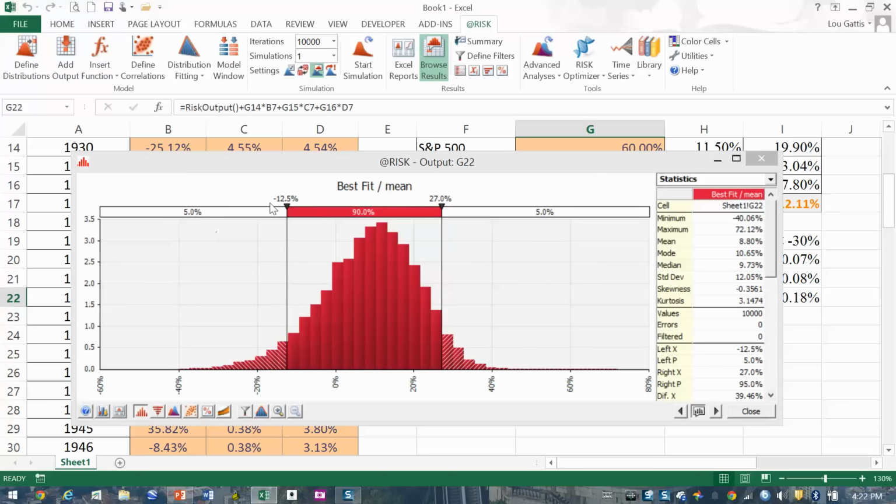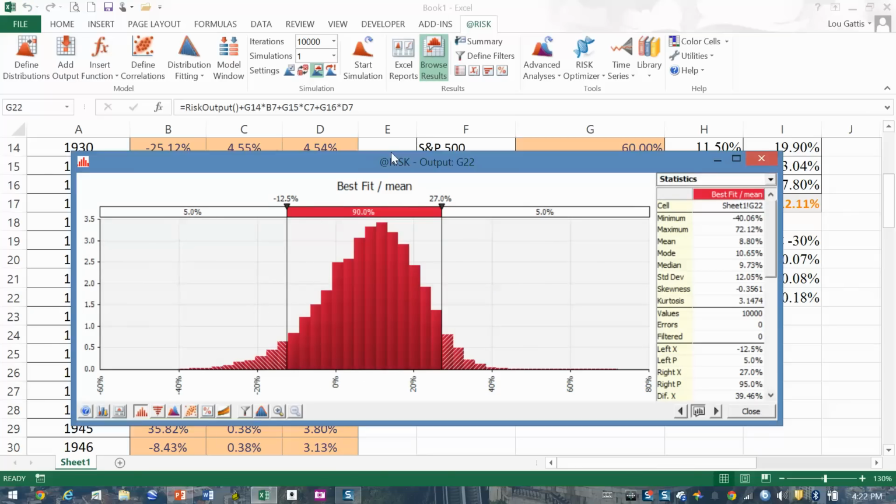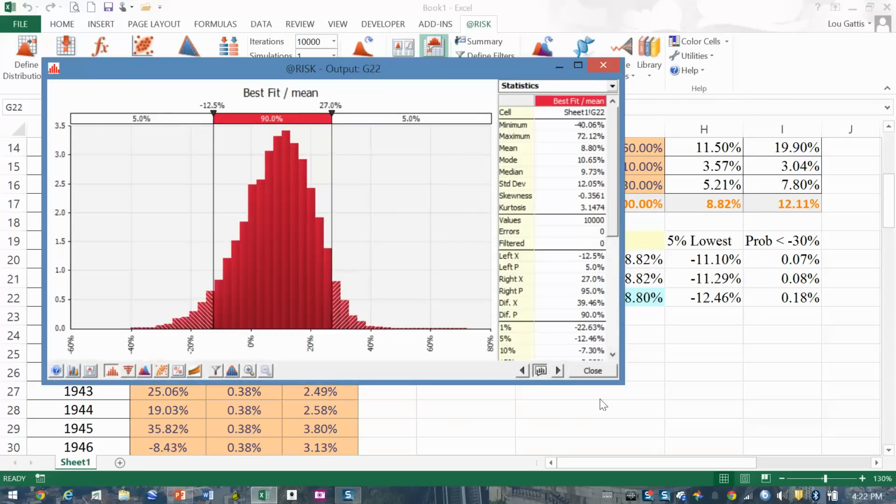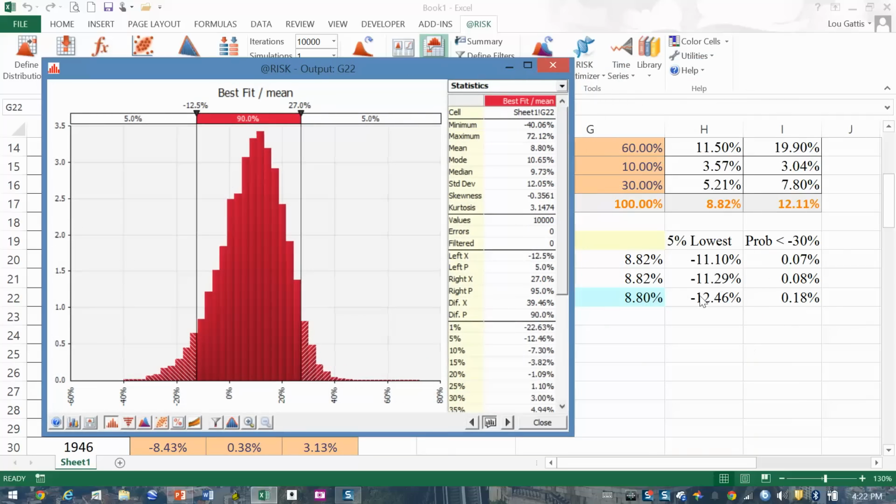So it looks like the 5% worst case is losing 12%, which is a little bit worse than assuming normal distributions. And you can see the distribution does seem to be skewed to the left tail.